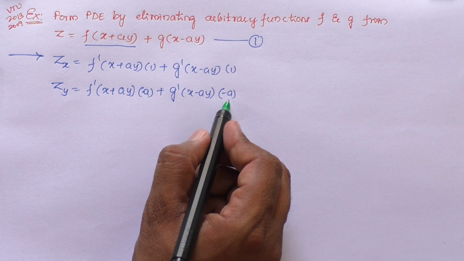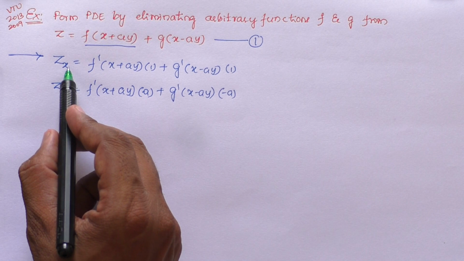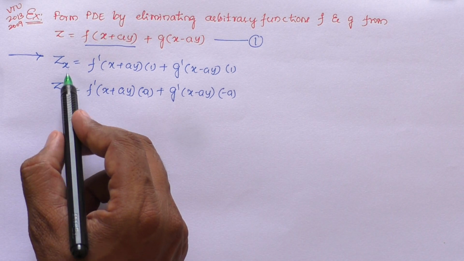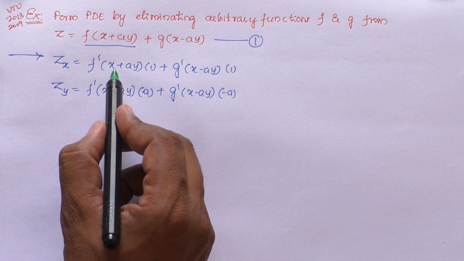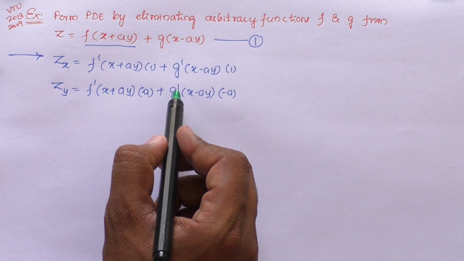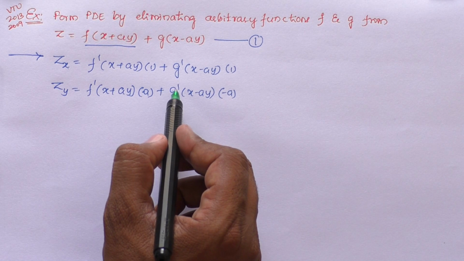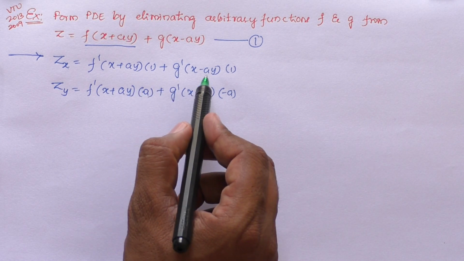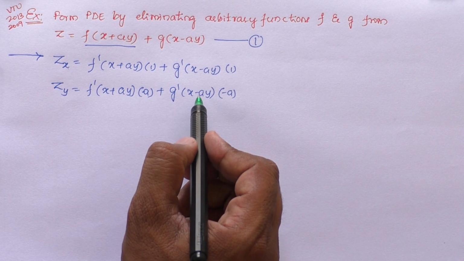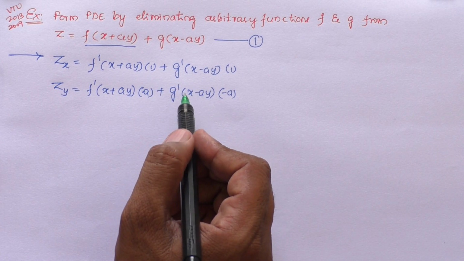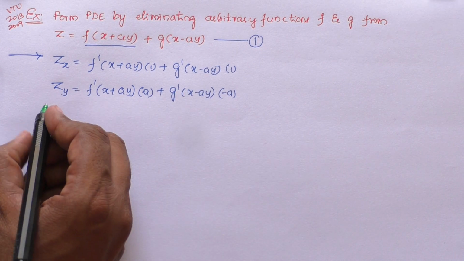First order partial derivatives can eliminate only one arbitrary function, not both. So first order partial differentiation is not enough to eliminate both functions. That is why we need to go for second order differentiation.